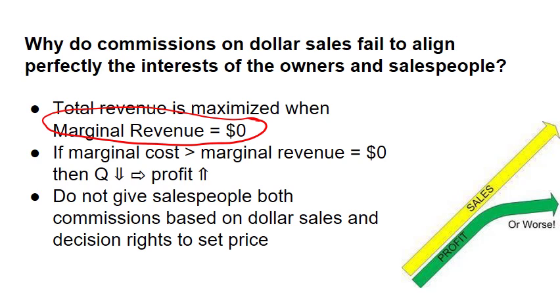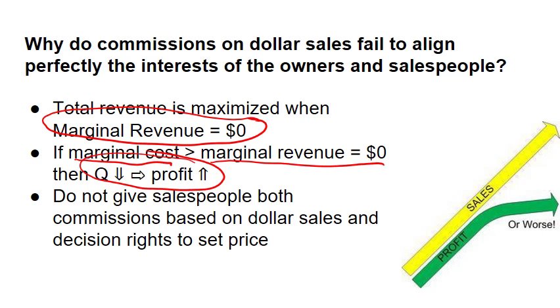However, if marginal cost is positive and marginal revenue is 0, we'll have marginal cost greater than marginal revenue, which means the profit maximizing quantity is less than the quantity that maximizes revenues. The only time revenue maximization and profit maximization are the same is when marginal cost equals 0.